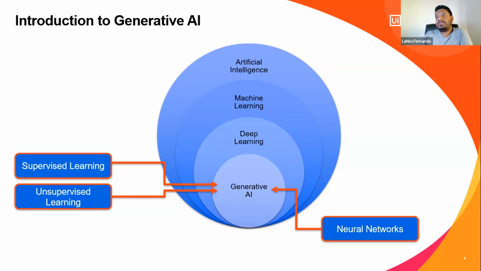So we give that result as well. That's supervised learning, but unsupervised is the other way around. We do not really provide that. It finds the patterns on its own. So anyways, it's the combination of all these technologies together, and that's how we get generative AI.